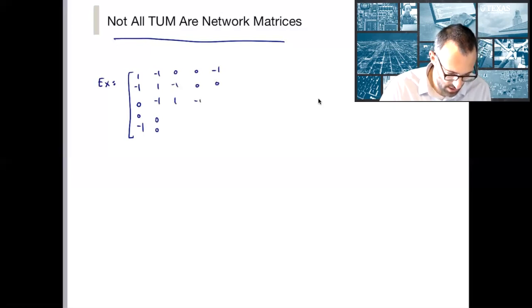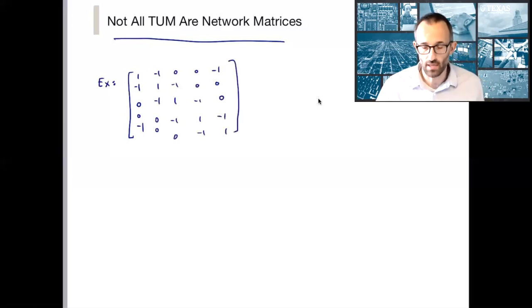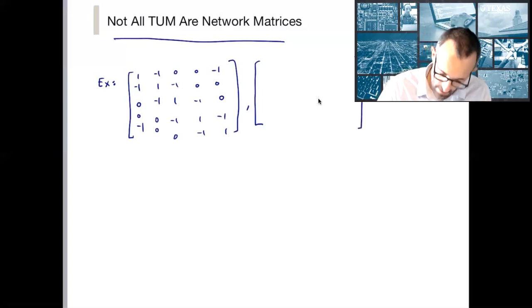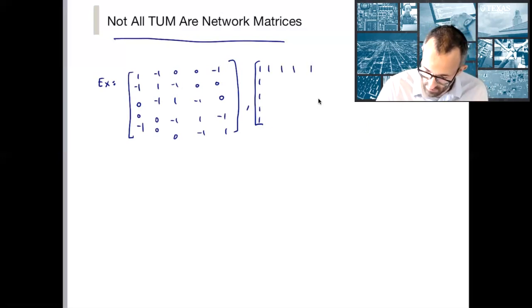One, minus 1, 0, minus 1, 1, minus 1, 0, minus 1, 1, and you can check either directly or by the previous results that these are indeed totally unimodular. 1, 1, 1, 1, 1, 1, 2, 3, 4, 5.